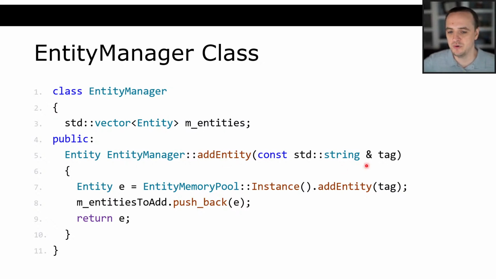So if I want to add an entity, well, I have the same function inside my entity manager, except now, instead of calling std::make_shared to create the entity right here, it would have to call add entity from the memory pool. And then it would get this entity that's returned from the memory pool and just return that, okay?